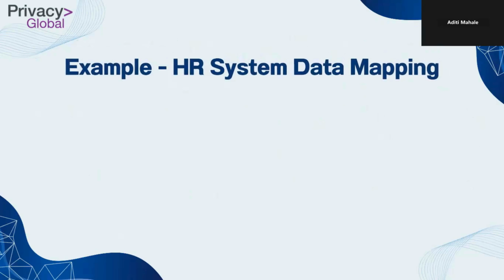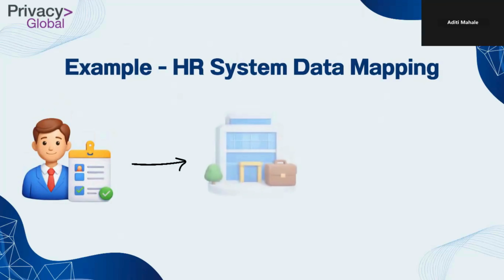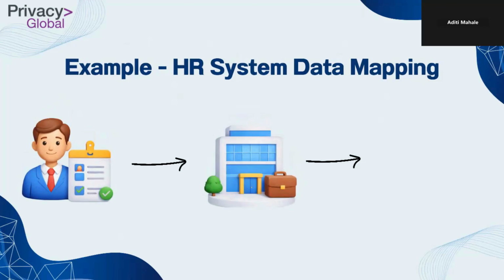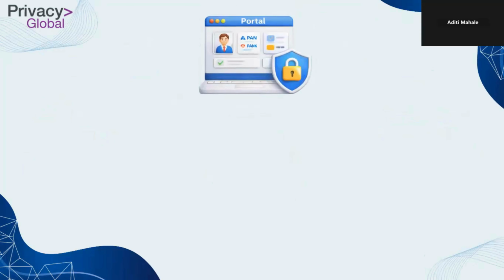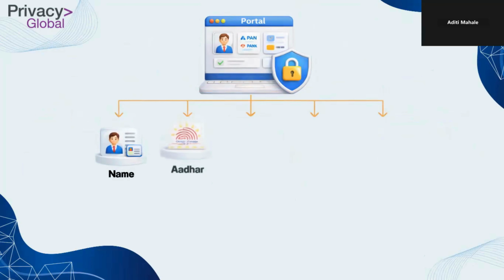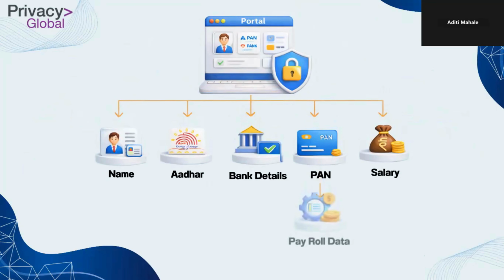Let's see an example of HR system data mapping. When an employee joins an organization, their data is entered into the HR portal. This HR portal includes your name, Aadhaar, bank details, PAN, and salary details. From the HR system, salary data flows into the payroll system.